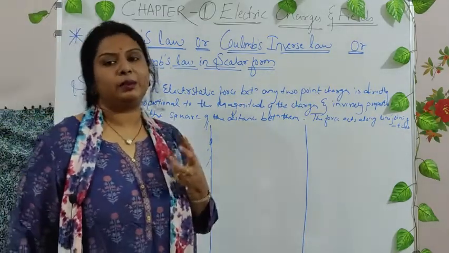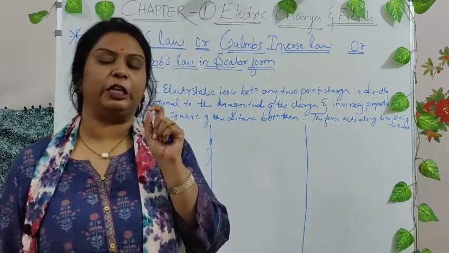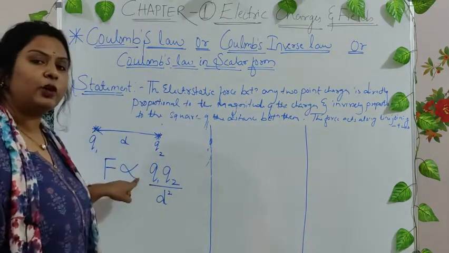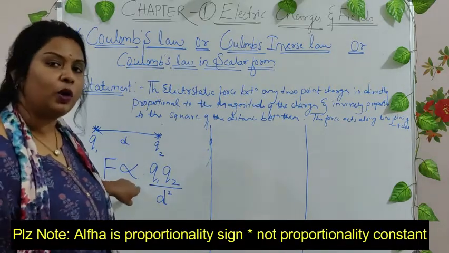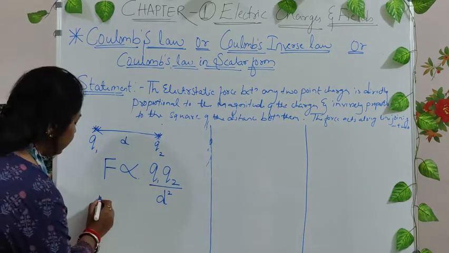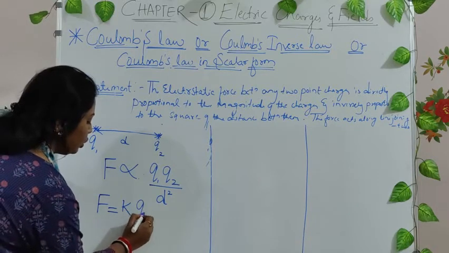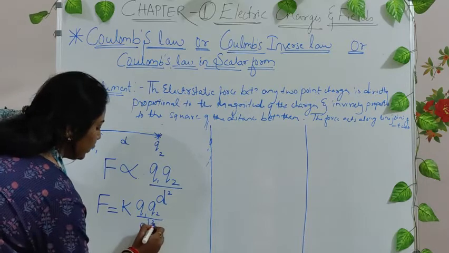Whenever you write a mathematical expression, you make sure that there are no proportionality signs in your expression. So we replace the proportionality sign with a term called the proportionality constant. We write it as F equals K Q1 Q2 divided by D square.